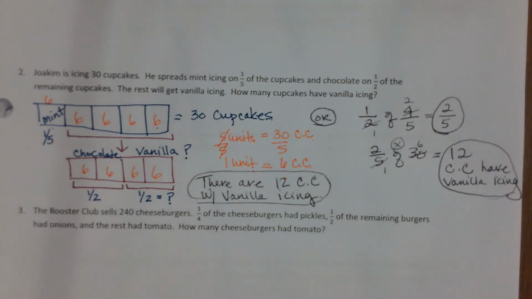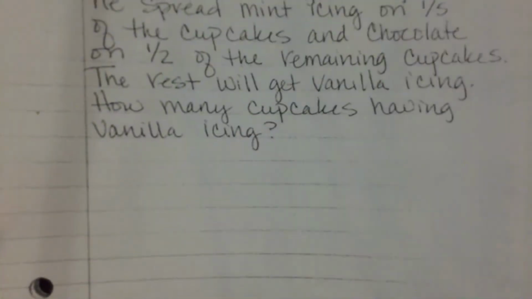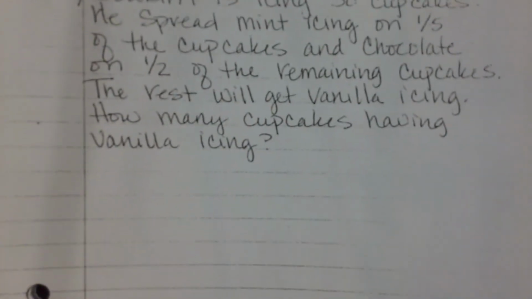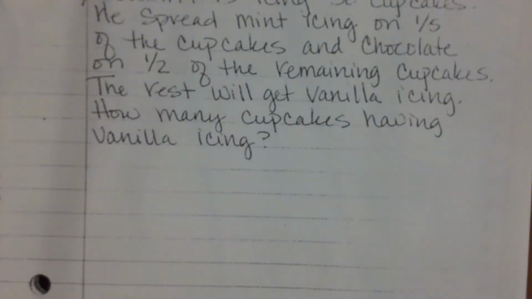All right, so what I'm going to have you do right now, I'm going to go to my page that I wrote this problem out on. Maybe you can write it on another piece of paper as well. I want to try something else. I'm going to do this problem again, but this time let's imagine that Joaquin put mint icing on 2/5 of the cupcakes instead of 1/5.